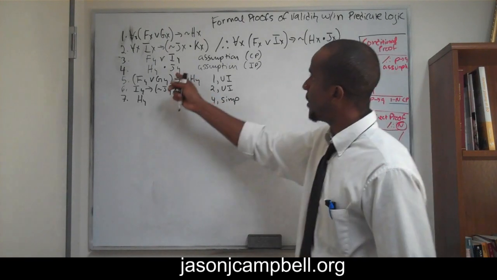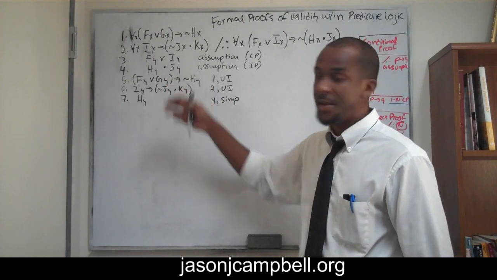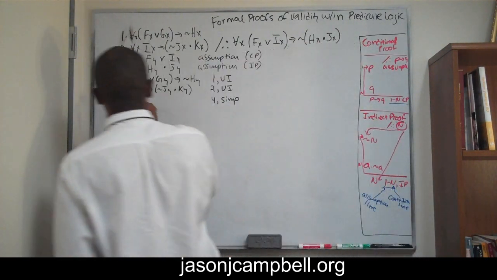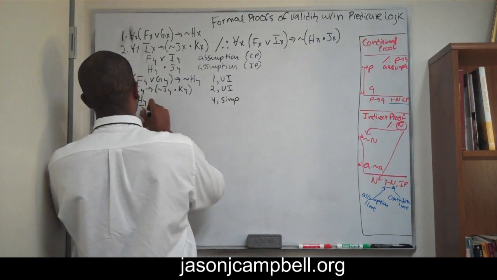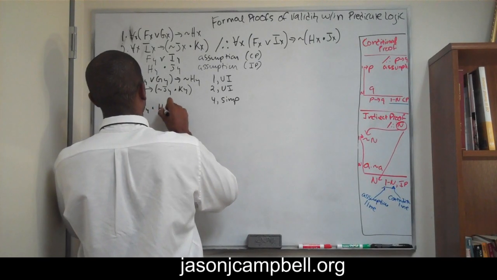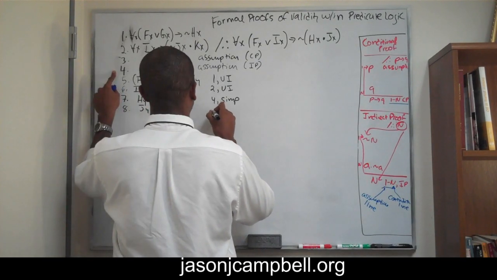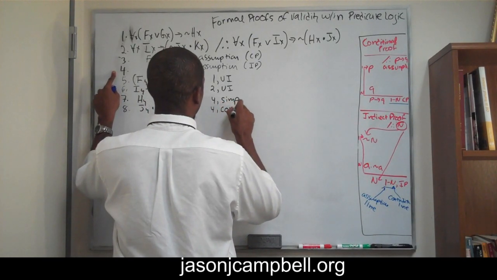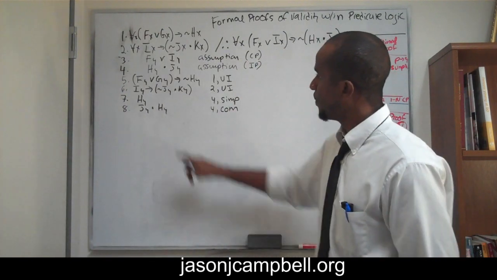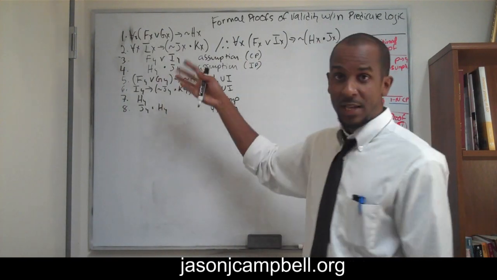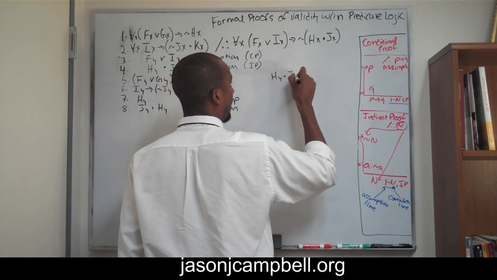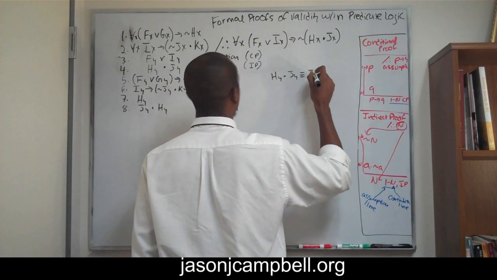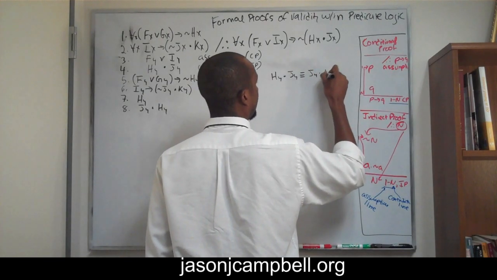What I would do is I'd just go ahead and try and get the JY as well. Why not try and get it now? So on line 8, alright, let's do commutation. So we get JY and HY, and that would be line 4 commutation. HY and JY is exactly the same as JY and HY.